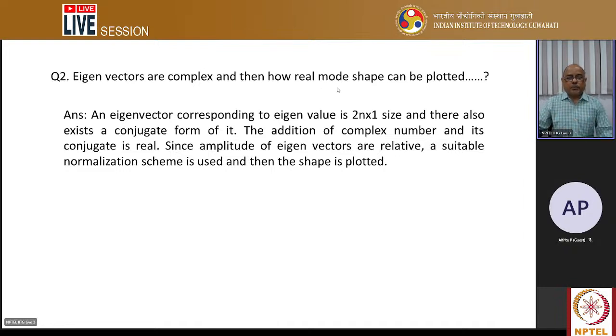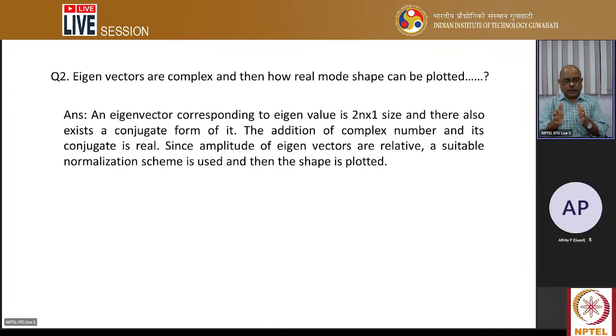Then how can the real mode shape be plotted? You note that an eigenvector corresponding to some eigenvalue exists, and there also exists a conjugate form of it. The addition of a complex number and its conjugate is real, because we know that when two complex numbers, one being the conjugate of the other, are added, we get a real number.